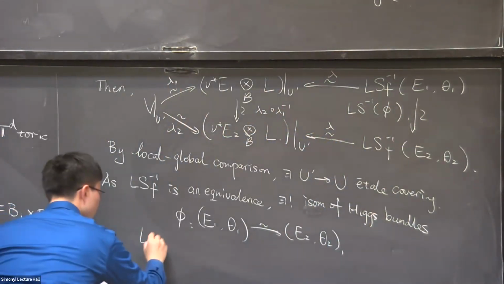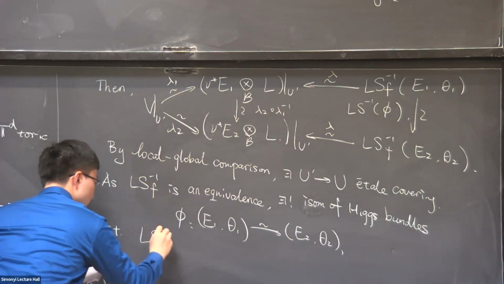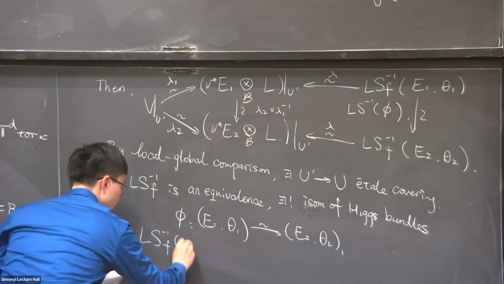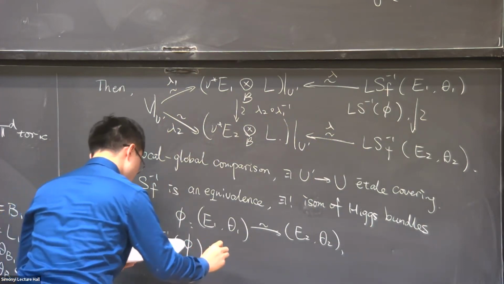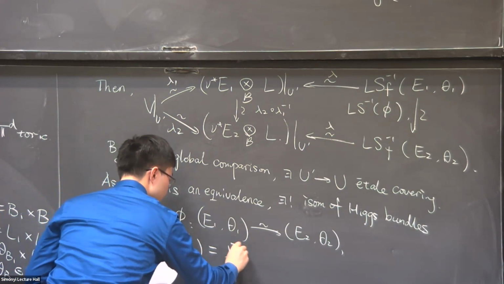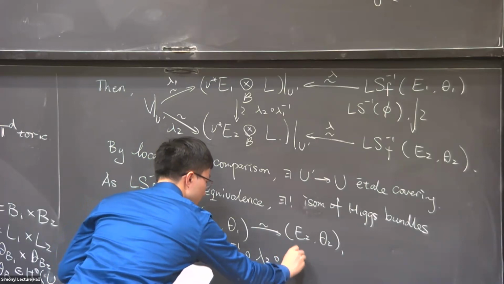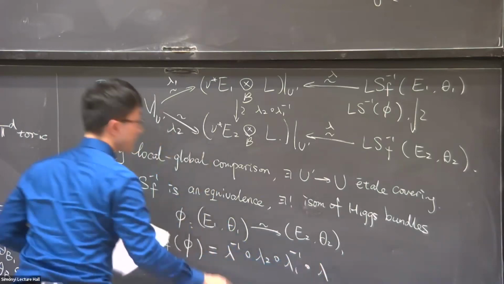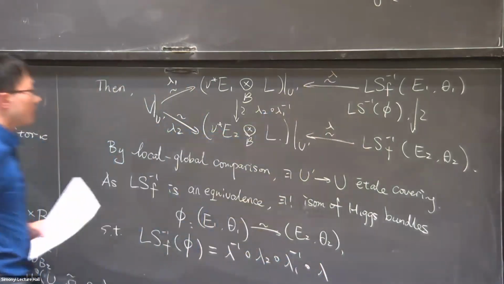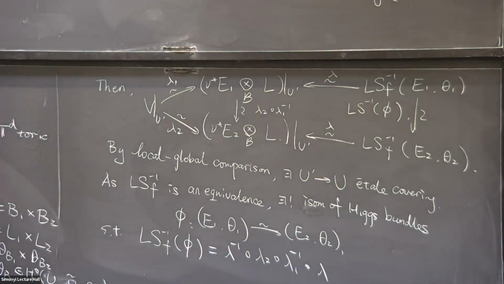Namely, such that this is equal to lambda inverse composed with lambda 2 composed with lambda 1 inverse composed with lambda. Okay, this diagram is commutative. Here we use the local correspondence as an equivalence.